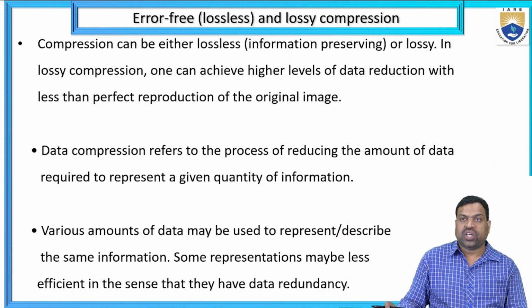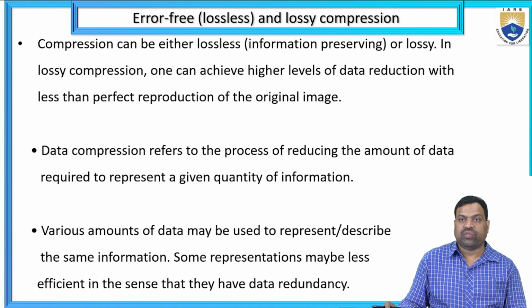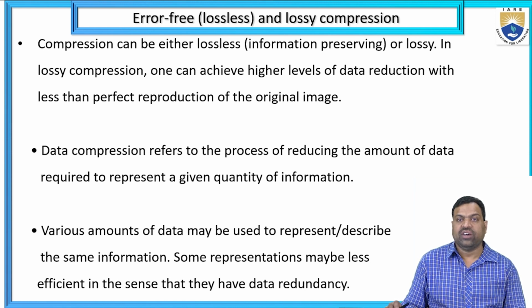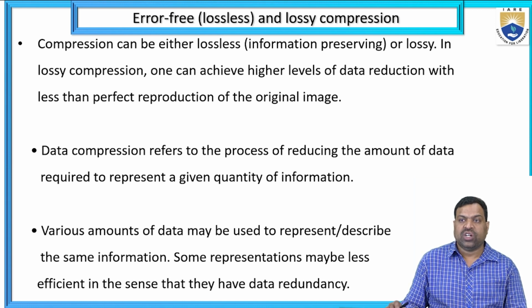Compression can be either lossless or lossy. In lossy compression, one can achieve higher levels of data reduction with less than perfect reproduction of the original image. Data compression refers to the process of reducing the amount of data required to represent a given quantity of information. Various amounts of data may be used to represent or describe the same information.